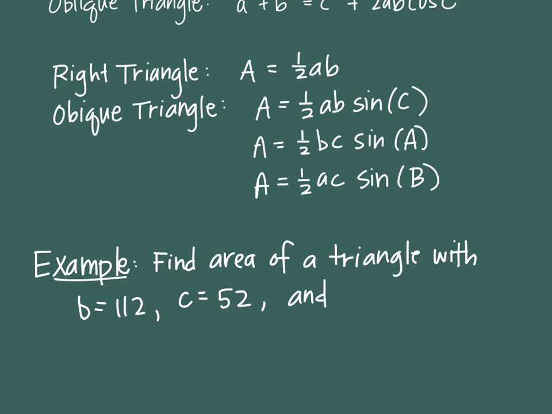If we're finding area and we have little b and little c, what would be the best angle for us to have right now? A, that would be the best. Okay, but I'm not going to give you that one. I'm going to give you this one instead.